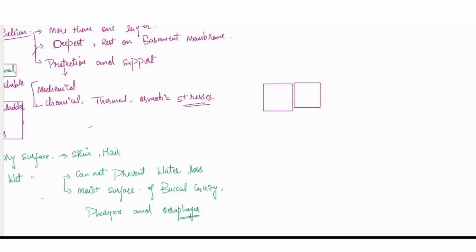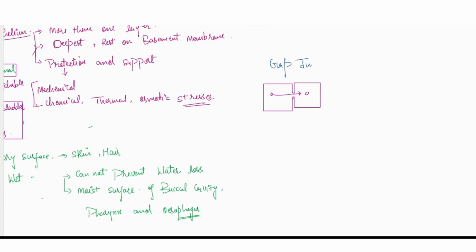To make the contact, there would be a tunnel-like structure, a communication gap between these two. The molecule from cell 1 can cross this tunnel and enter the other cell. That type of junction we call the gap junction.